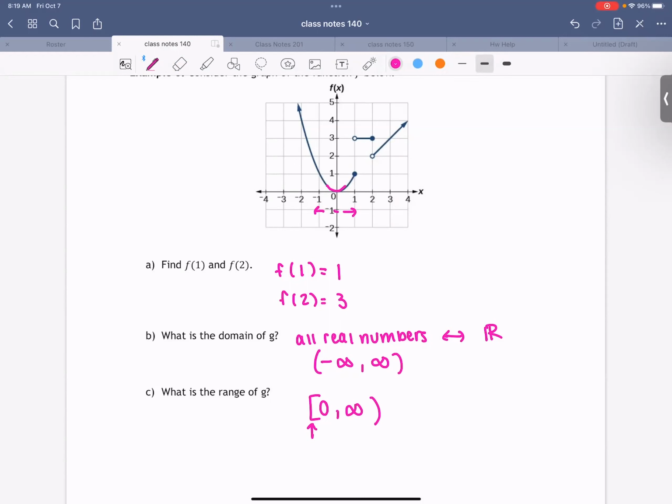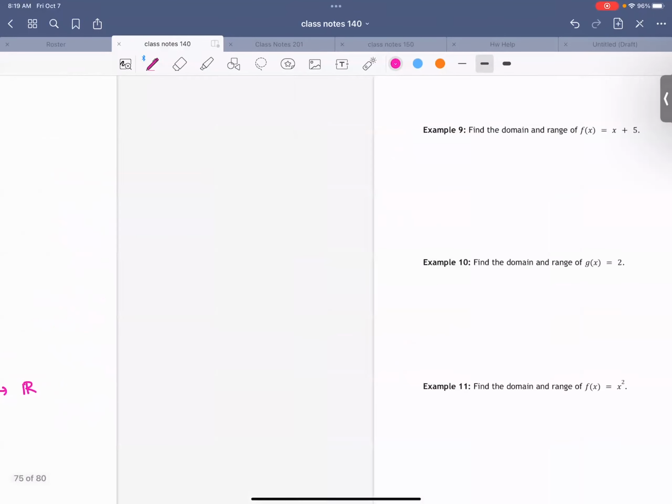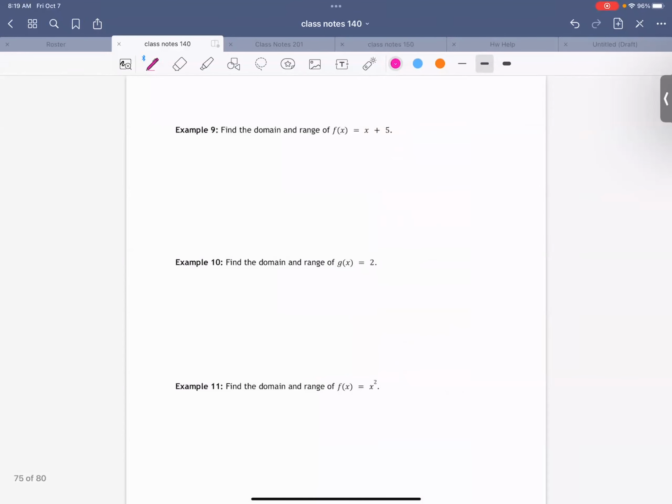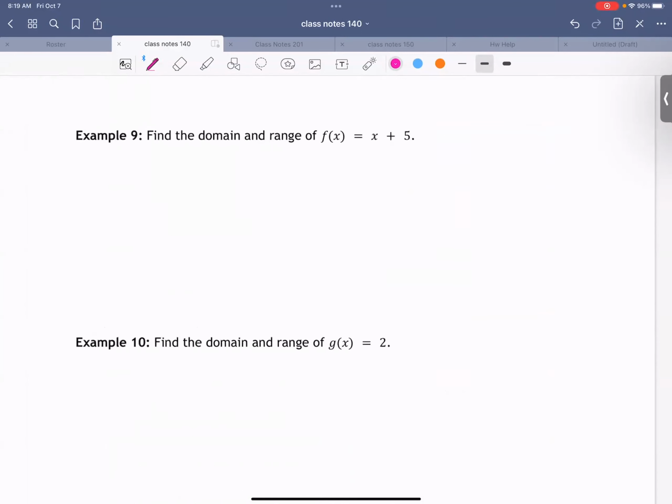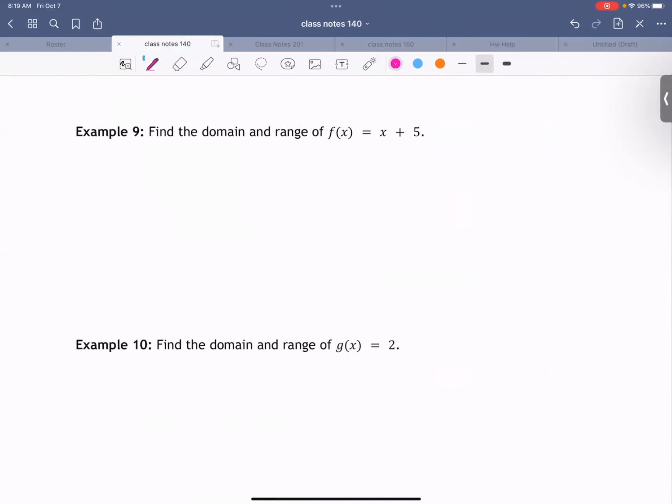Okay. I think we're getting a little bit used to looking at the domain and range based on the picture. Let's do a few more examples and see what happens. Okay. So now we're going to stray away from the picture, even though we'll end up drawing pictures a little bit later. But this time I'm just given a function, okay? And I want to know the domain and range.